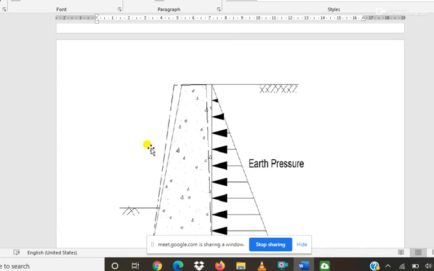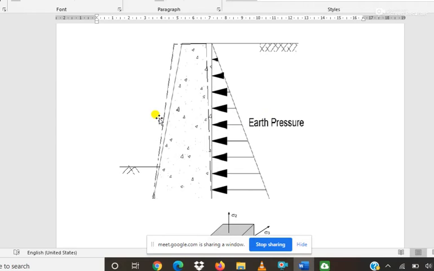As the vertical pressure increases, active pressure increases and the movement increases, but in an equilibrium condition, when the movement increases, active earth pressure will decrease, and at some point of movement the active earth pressure will have a constant value.